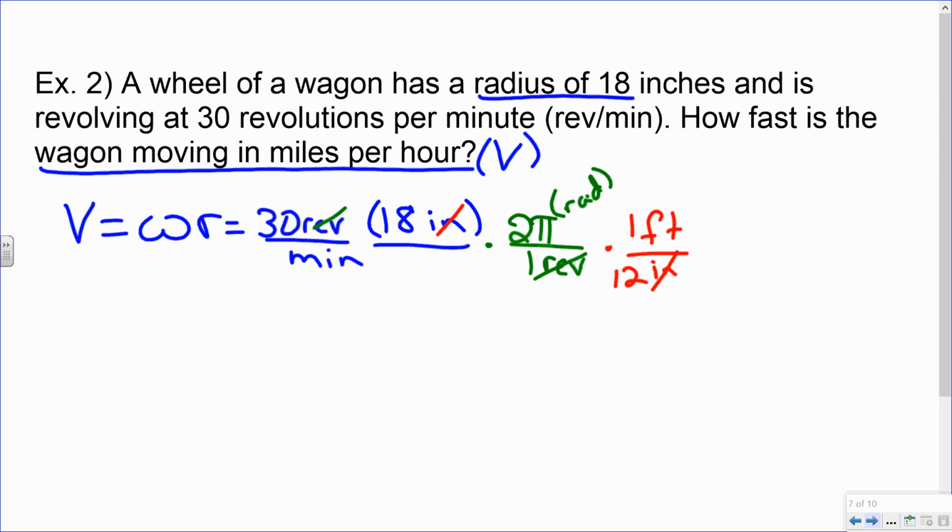Now we have feet per minute, and let's finish changing the feet to miles. So what am I going to need there, Natalie? Little louder for me, please. Okay, so 1 mile over 5280 feet. So now I have miles per minute. And what do I need to do to change the minutes so that I end up with hours? Ryan.